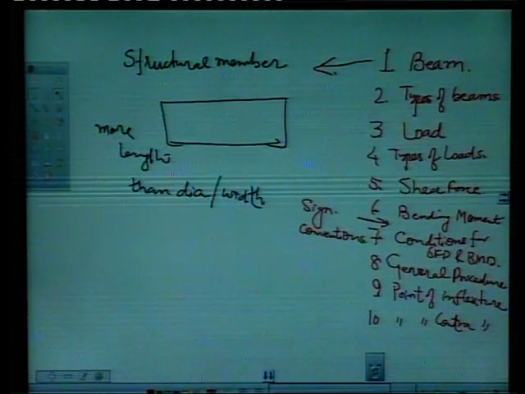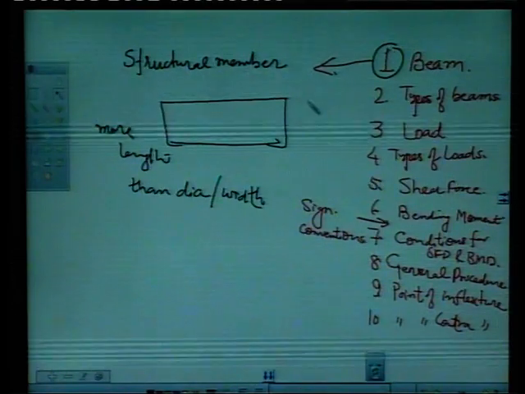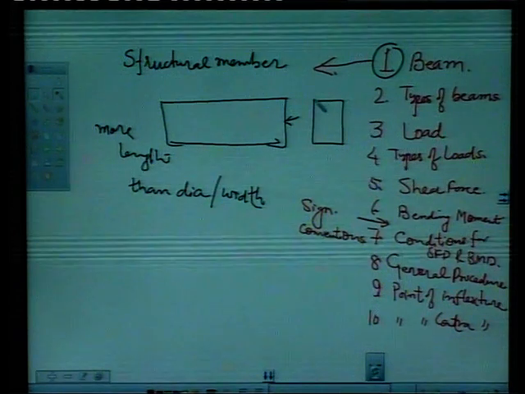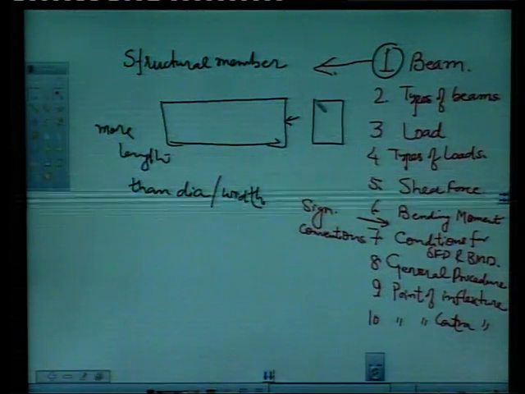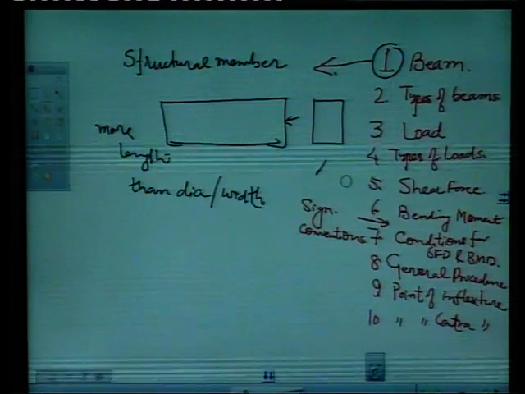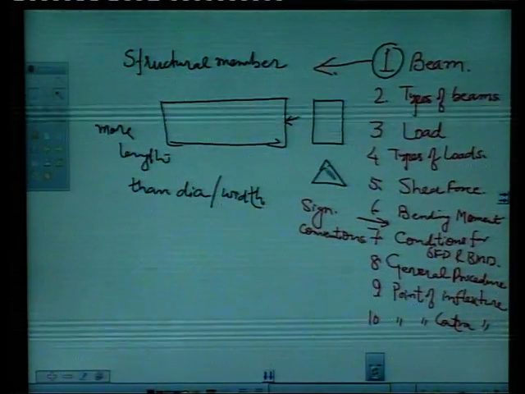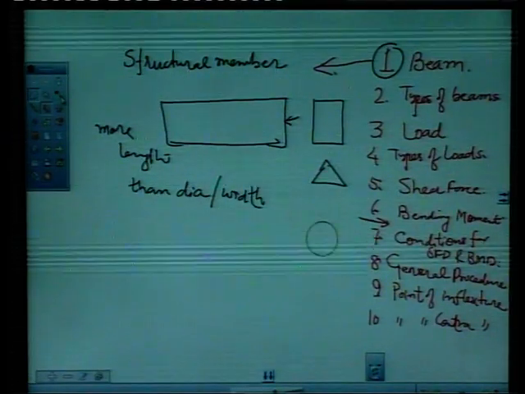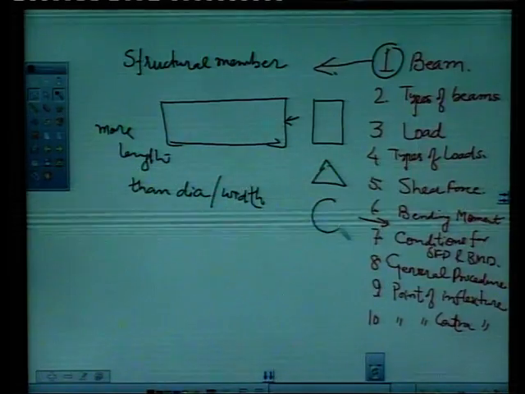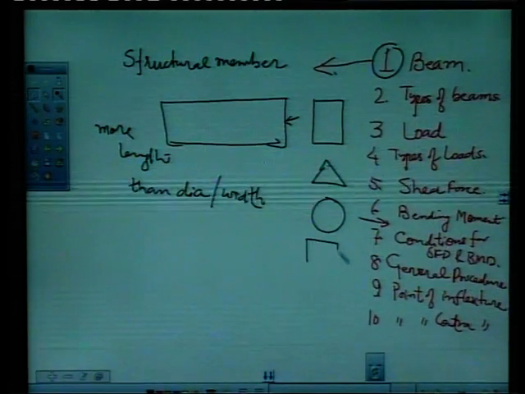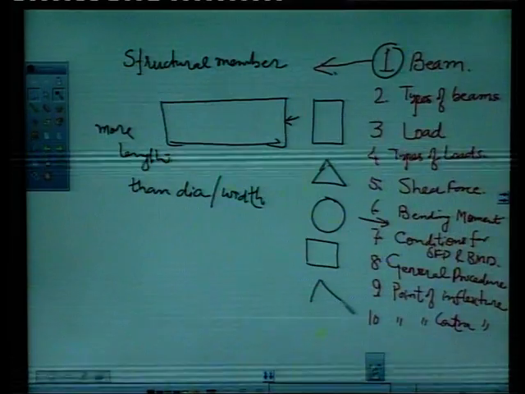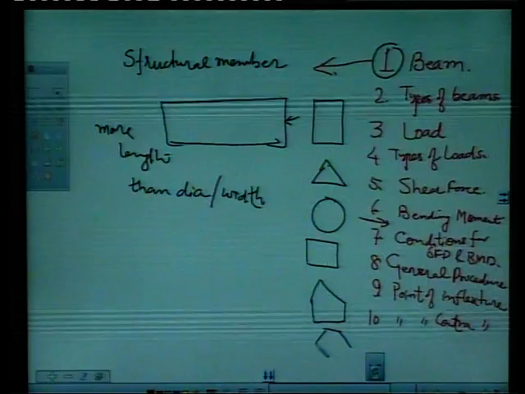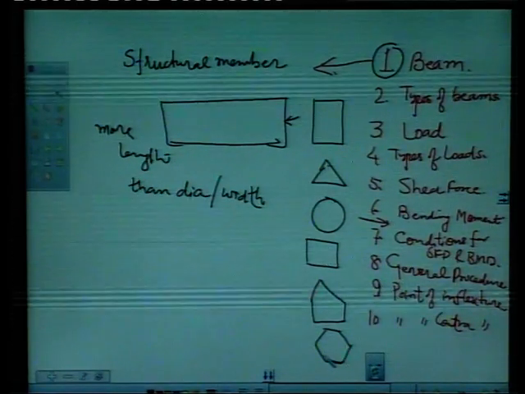Now this is a beam, and if we see it from the side view, it may be rectangular. This beam may be rectangular from the side view, it may be triangular, or it may be circular, it may be square, it may be pentagon, it may be hexagon, any shape.